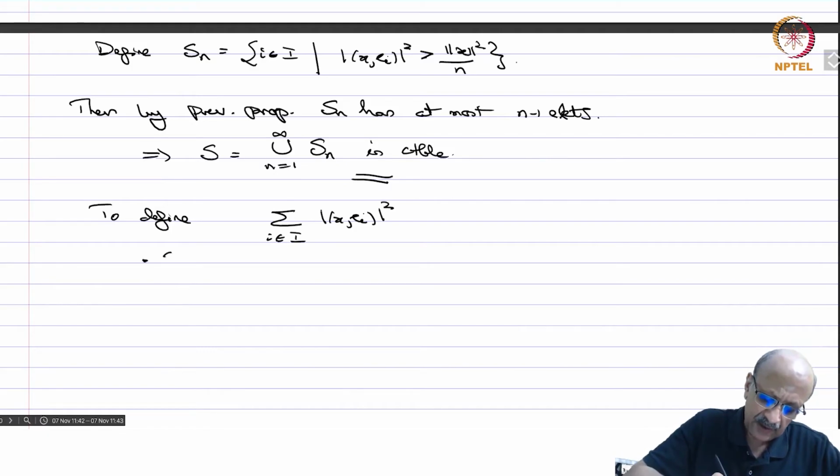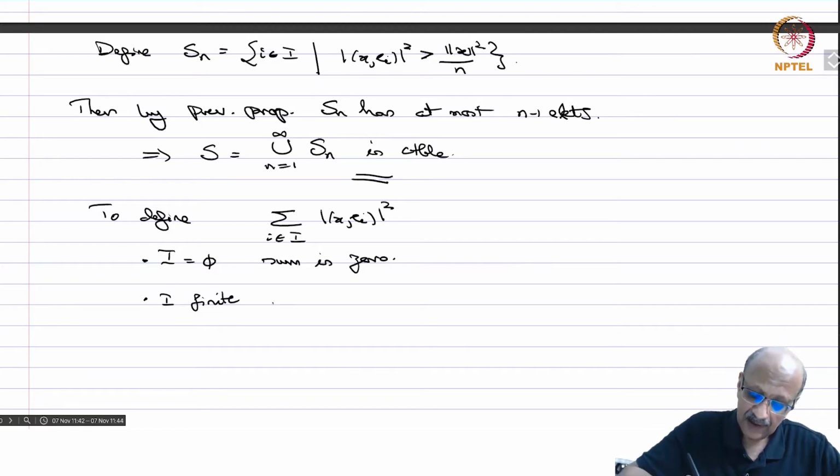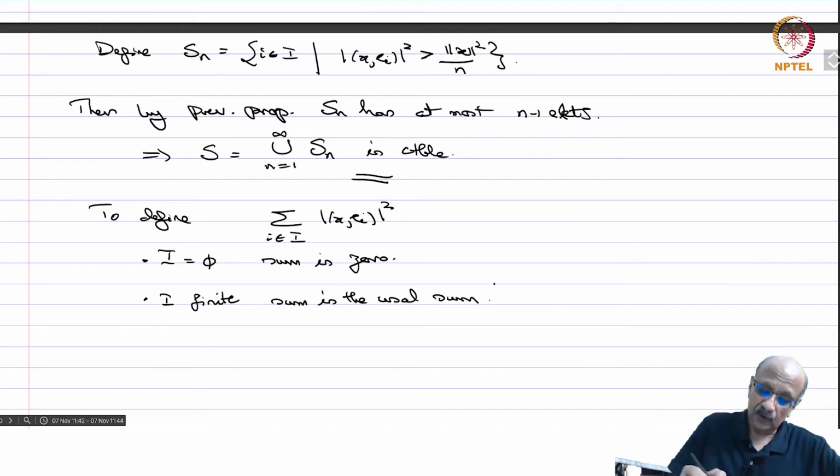If I is empty, the sum is 0. If I is finite, then the sum is the usual sum, because it's a finite number.